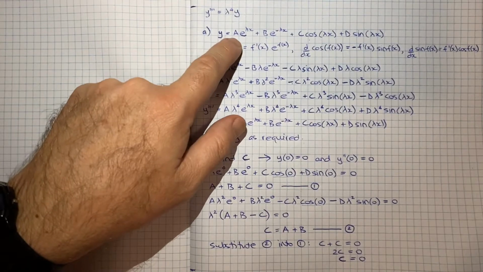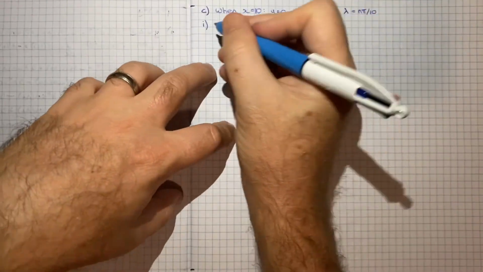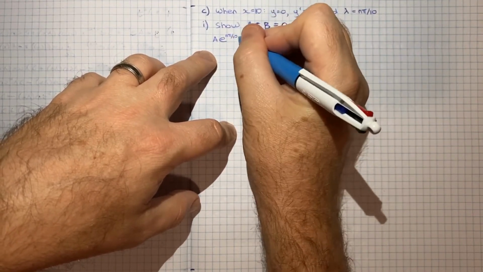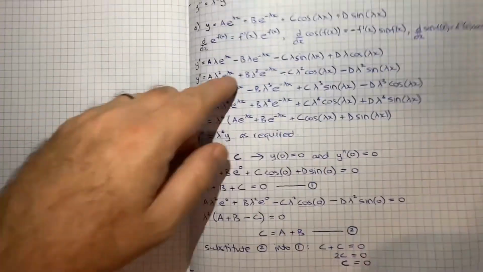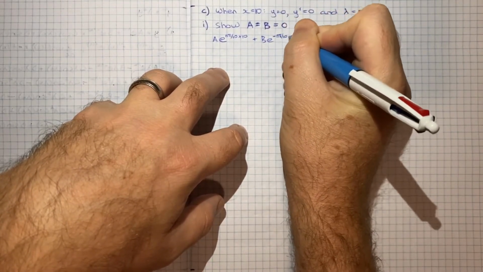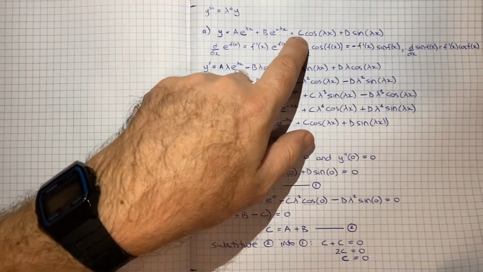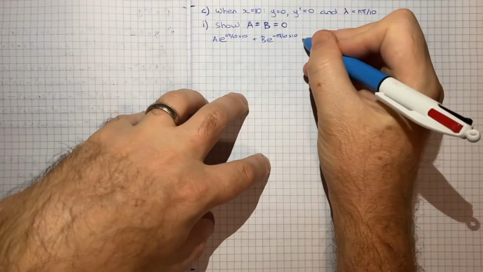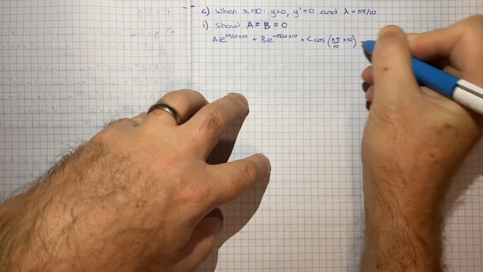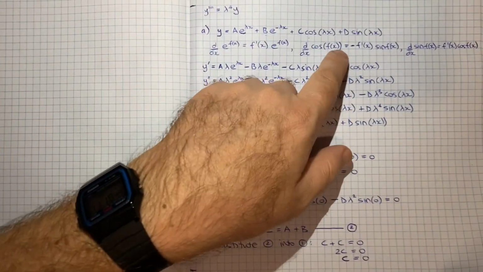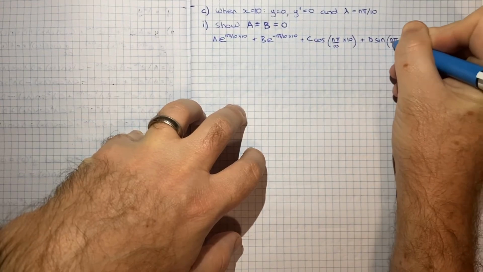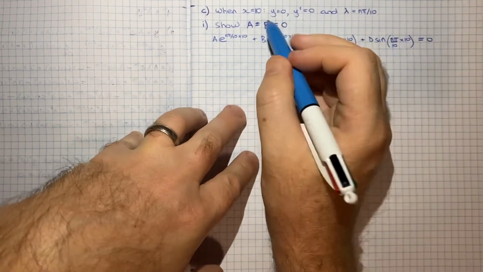We'll have a e to the lambda x, or a times e to the n pi on 10 times x, which is 10, plus b e to the negative lambda x, so b e to the negative n pi on 10 times 10, plus c cos lambda x, so plus c times cos n pi on 10 times 10, plus d sine n pi on 10 times 10. So that's all going to be 0 since y is 0.